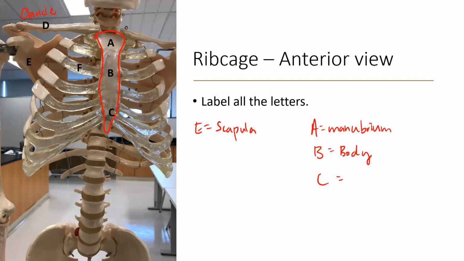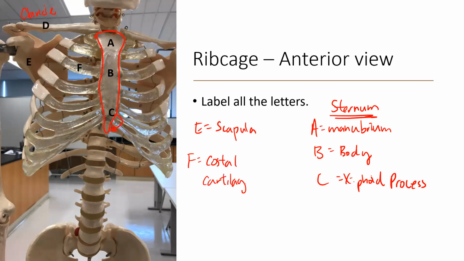And C, which should probably be a little bit down, is the xiphoid process. Together they make up the sternum. F is the cartilage, so we call that the costocartilage. I think that's all.